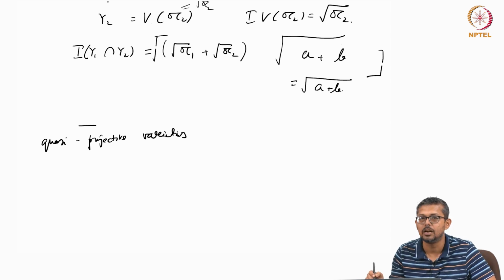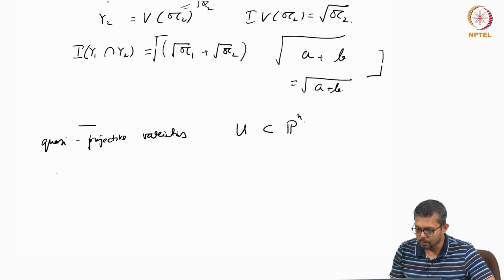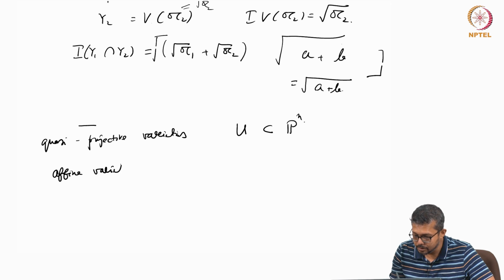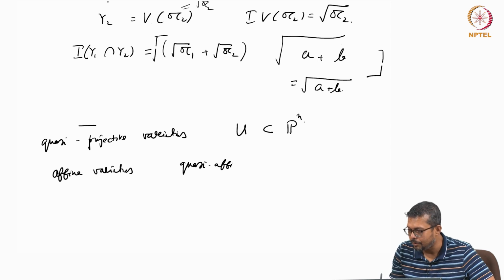These are most general objects, in the sense that these are open subsets in some projective space. Now, if I take affine varieties, of course, and then you define what is called quasi-affine. So, these are open subsets of affine.